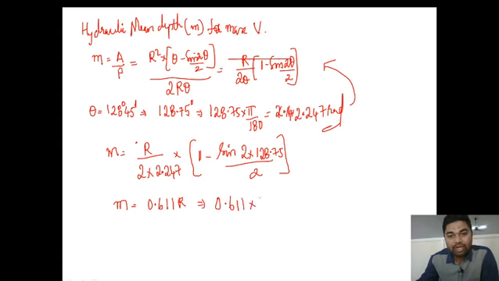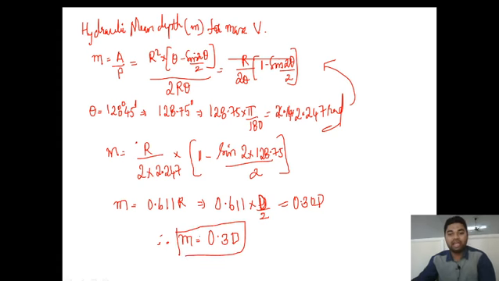Substitute this value in terms of capital D: 0.611 R, where R is nothing but D by 2. So this value becomes 0.3 D. Therefore, M is equal to 0.3 D. What can we conclude from this equation?